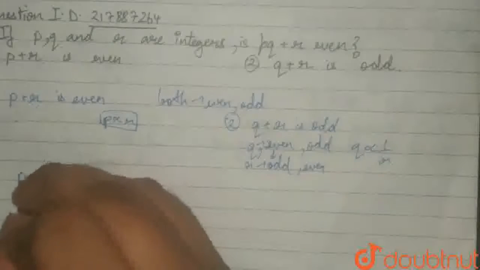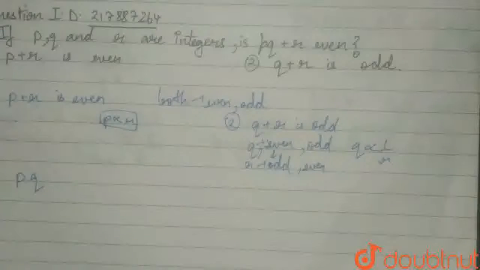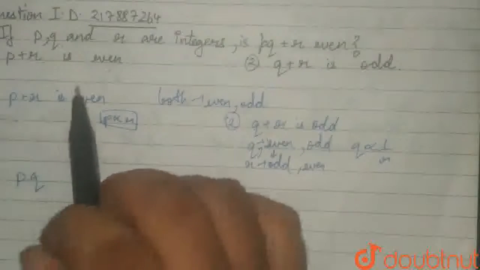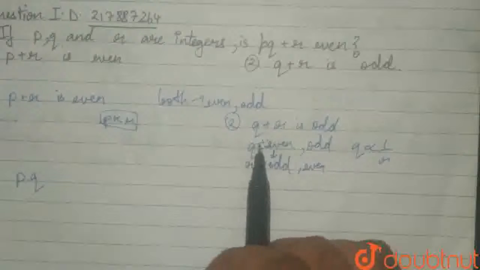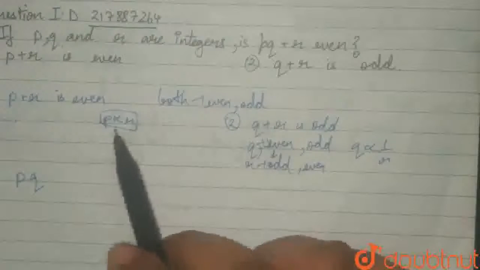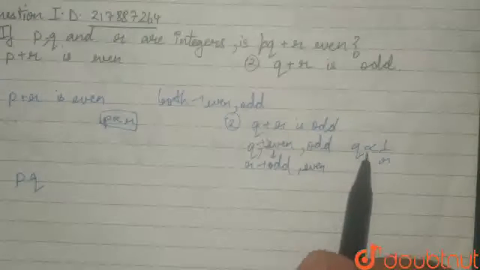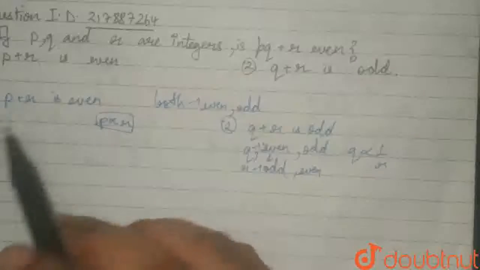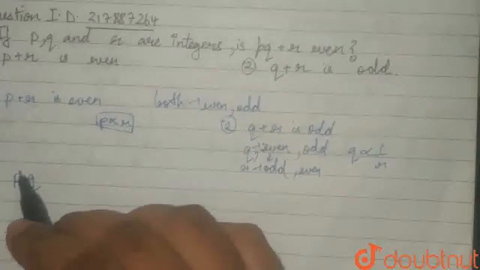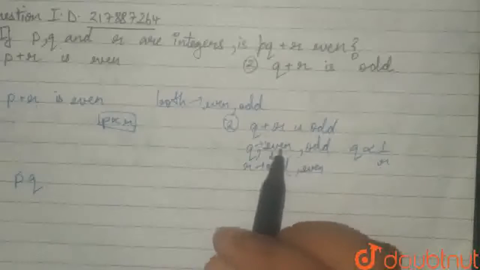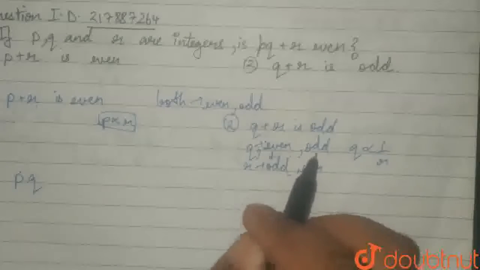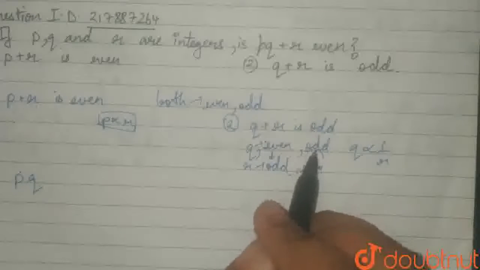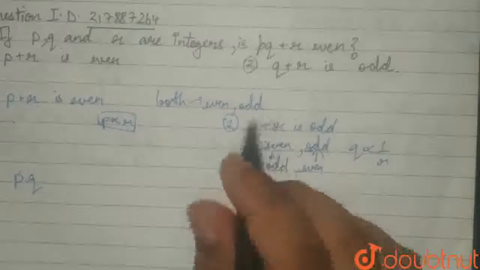Okay, so PQ, that is the multiplication of two integers. Now we know that if P is even, R is even, and Q is odd, since P is directly proportional to R and Q is inversely proportional to R, just to understand. And if P is odd, R is odd, and Q must be even.